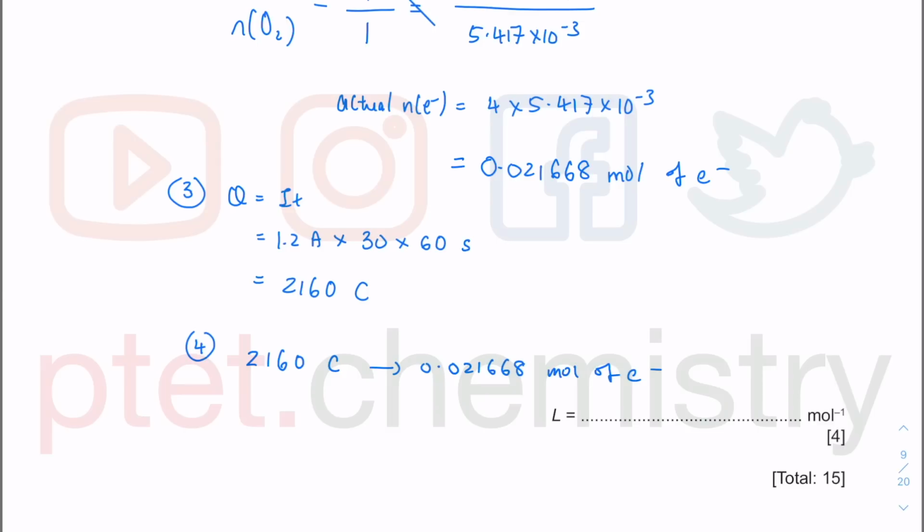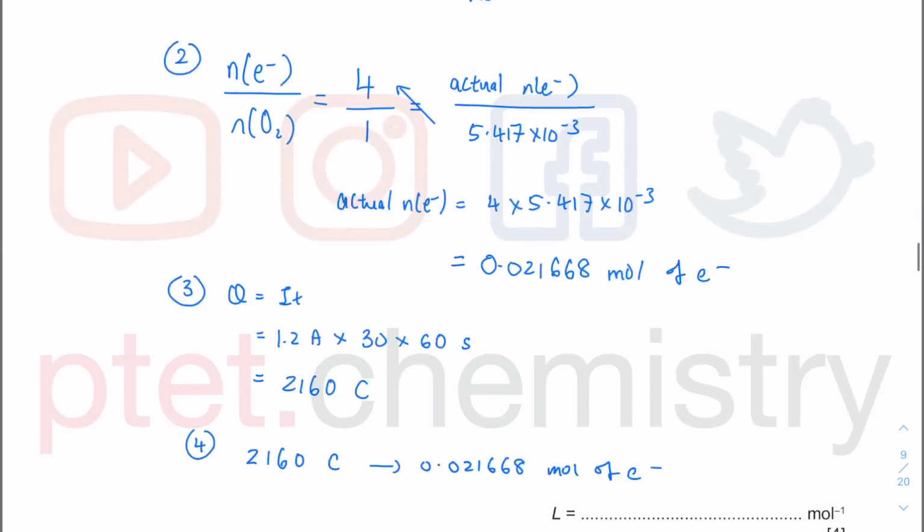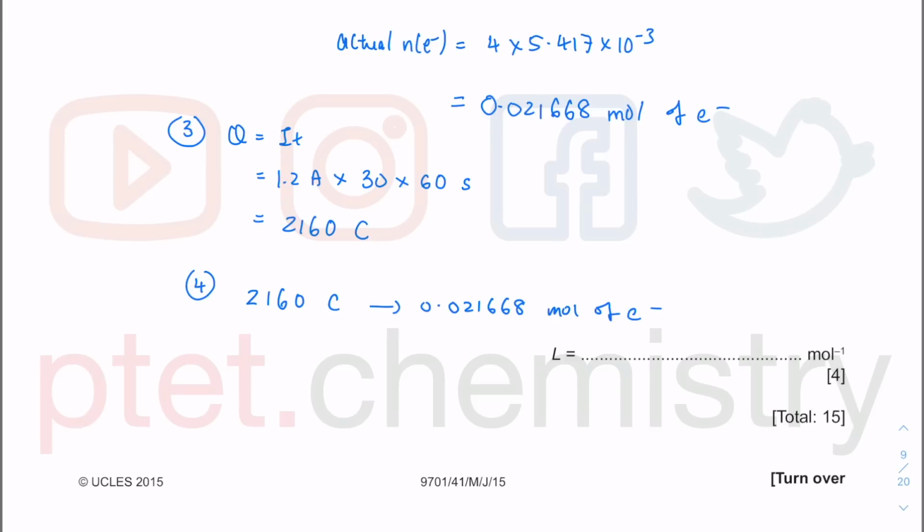What are we trying to find actually? We want to find the number of electrons that are passed. The charge of one electron stated in the data booklet is 1.60 times 10 to the minus 19 coulomb.